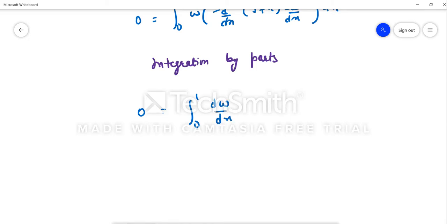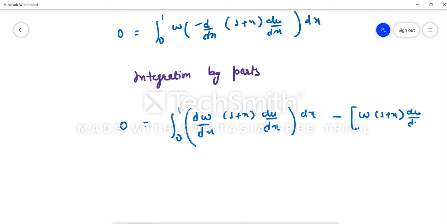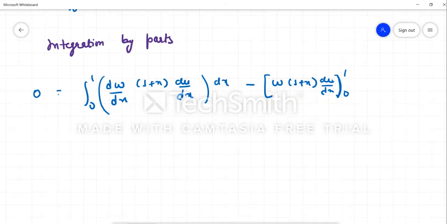We have already seen integration by parts, so if you have any doubt, just check out my previous video, then you will get an idea about it. 1 plus x, and this will become du over dx, dx, and finally the boundary term, w (1 plus x) du over dx from 0 to 1.